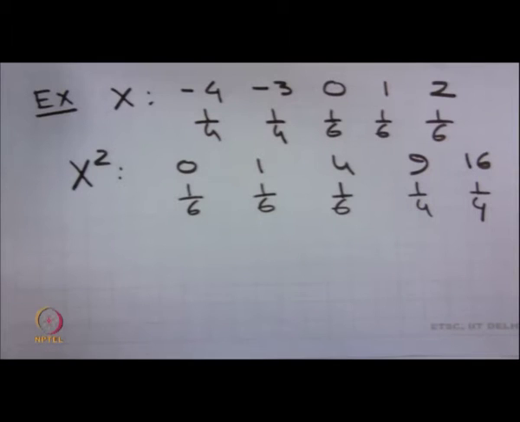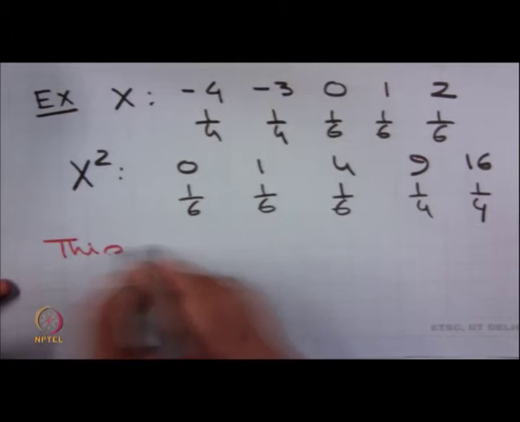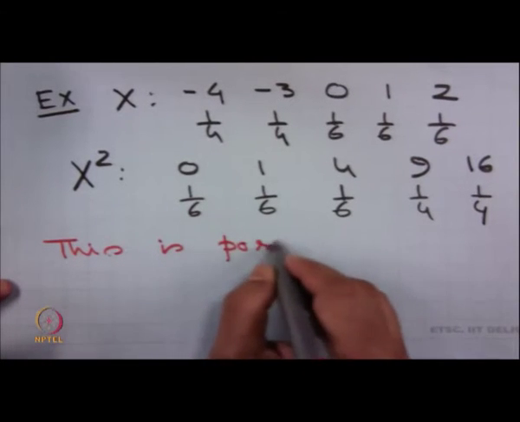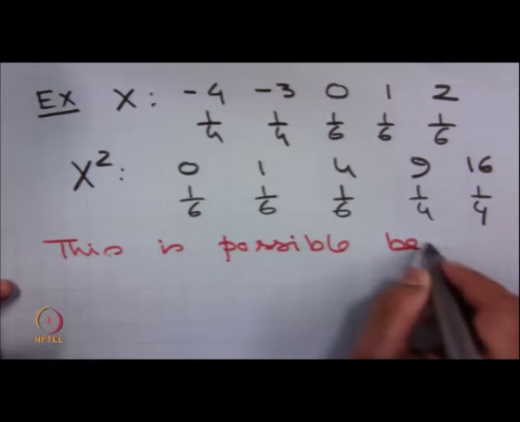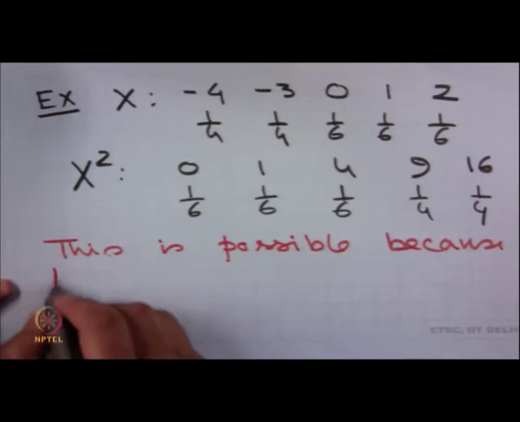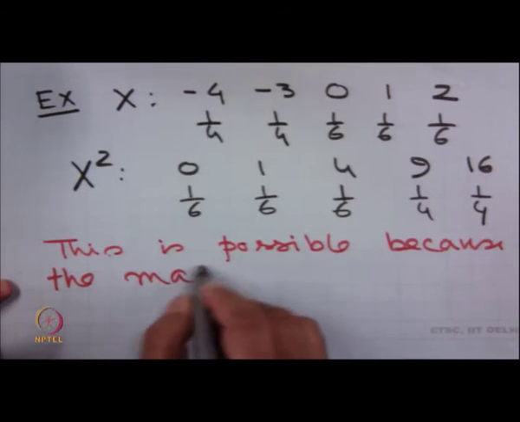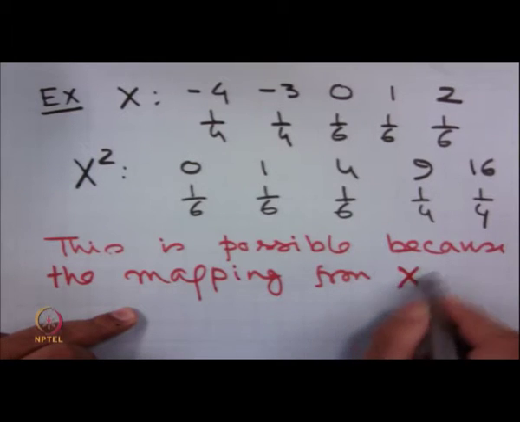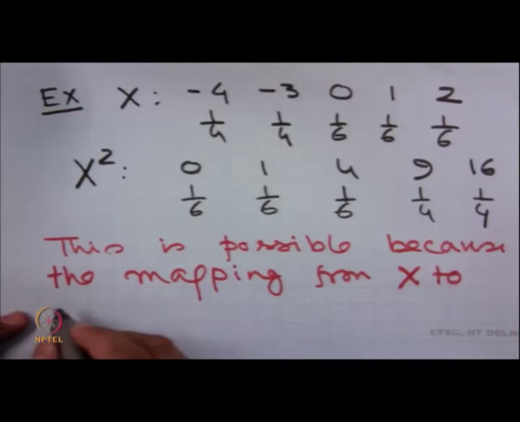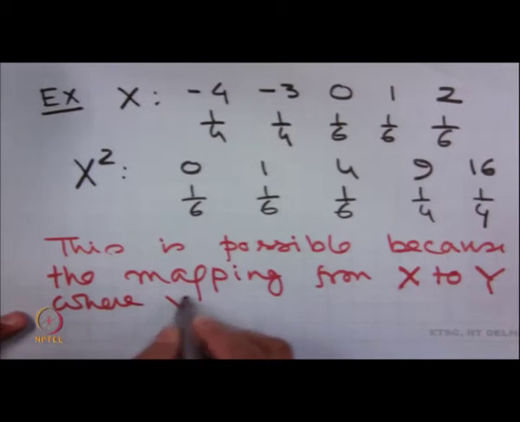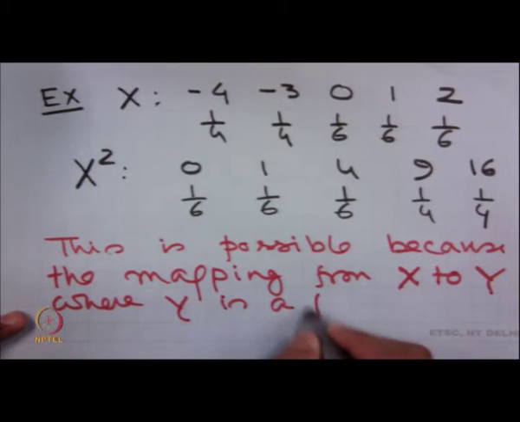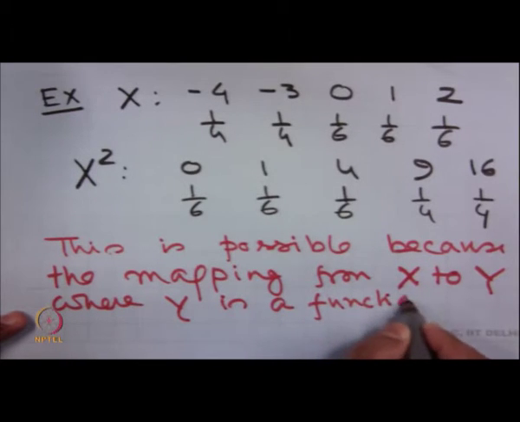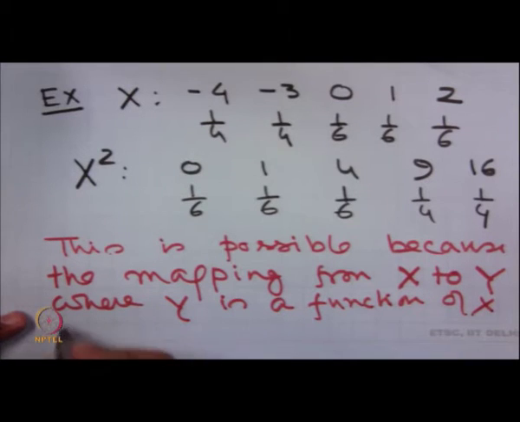This we can do because the mapping from x to the function y, where y is a function of x, is unique.